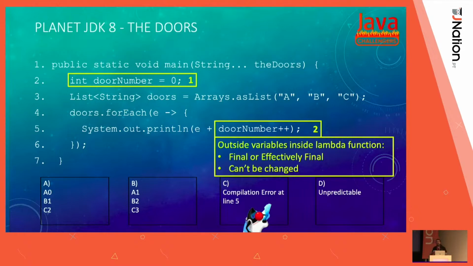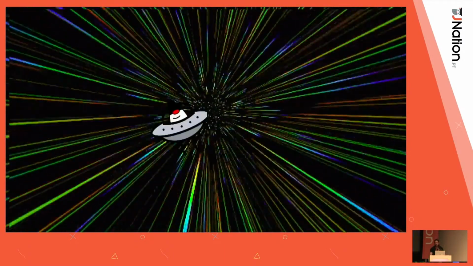It should be a pure function, which means that every time you invoke a pure function, it should always behave the same way. It shouldn't change anything. So that's why we can't change external variables. So that's it for this lambda expression challenge. Let's go to the next one, JDK 9.